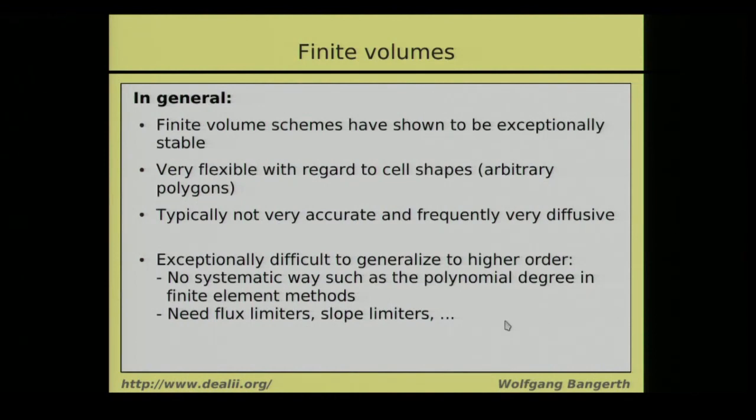And so in finite volume schemes, if you ever hear these terms, these additional modifications that make the oscillations go away are often called flux limiters or slope limiters. What it boils down to is that it's exceptionally difficult to get higher order finite volume methods that have the same stability properties. That's the downside of finite volumes. They're very good, very stable if you use the lowest order methods. They're not easy to generalize.